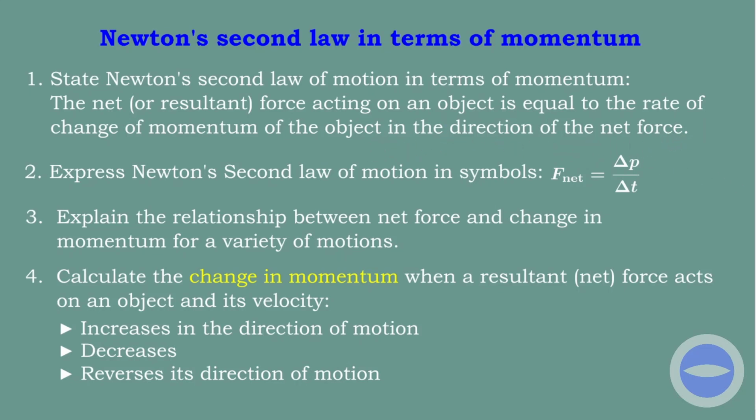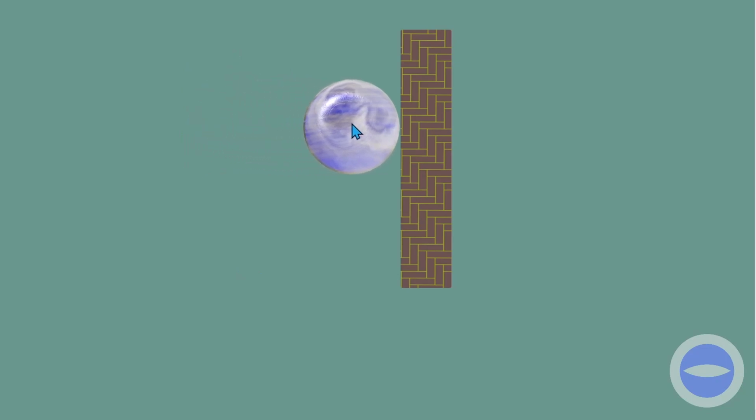So let me show you this law in practice. Let's say we've got this ball. Someone kicks this ball, then this ball travels towards the wall. Then the ball hits the wall, then moves back.